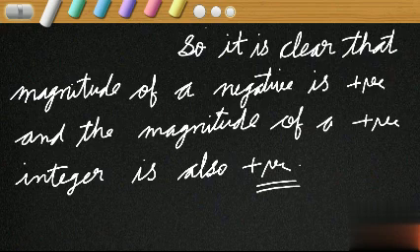Magnitude of a negative integer is positive and magnitude of a positive integer is also positive.